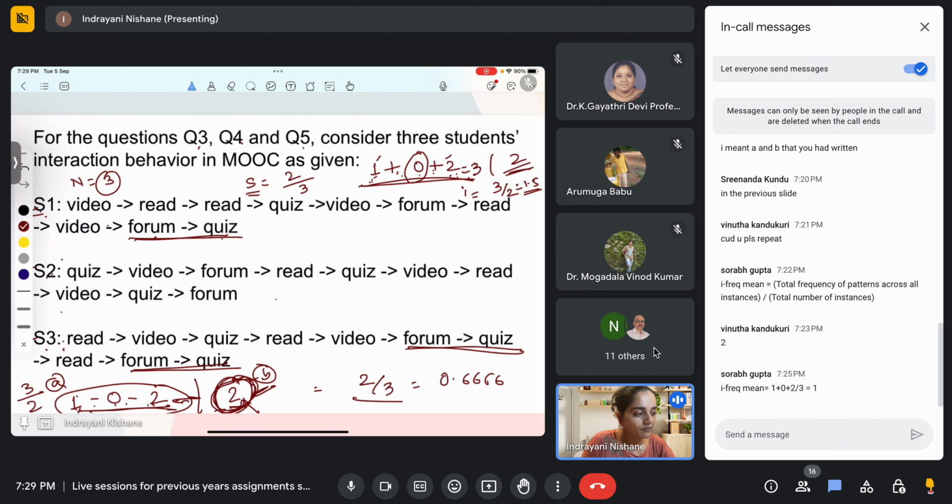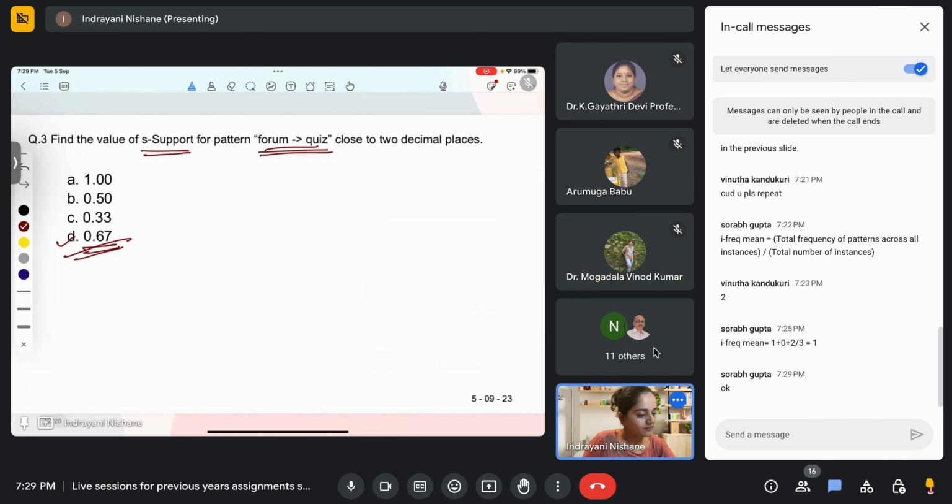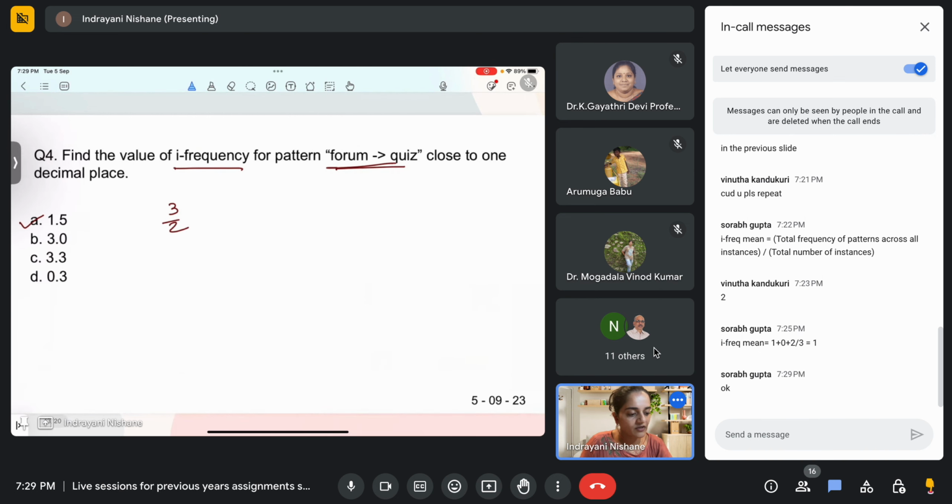That total number of students is 2, for whom the transition from forum to quiz was observed. So that's why it is 3 by 2 and not 3 by 3, and the correct answer is 1.5. So don't get confused. We consider dividing by the total number of students in S support.